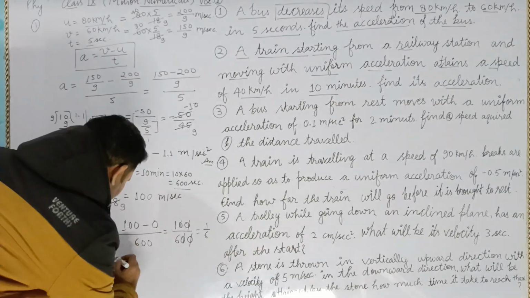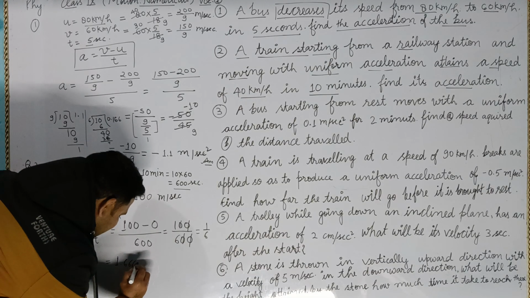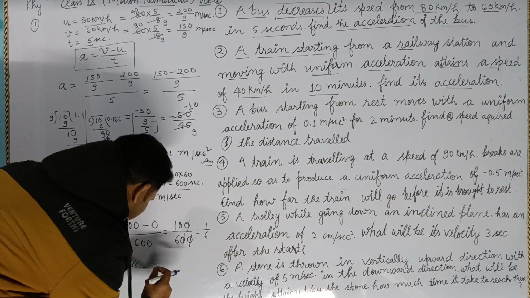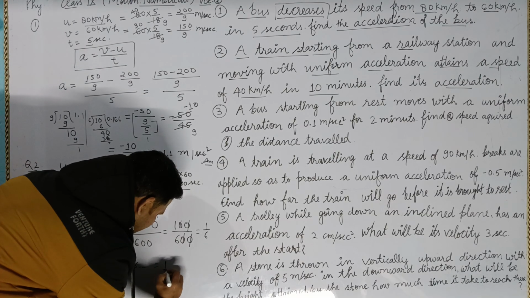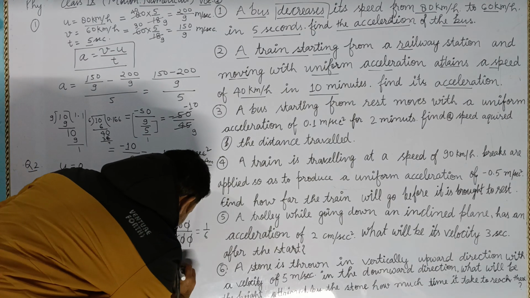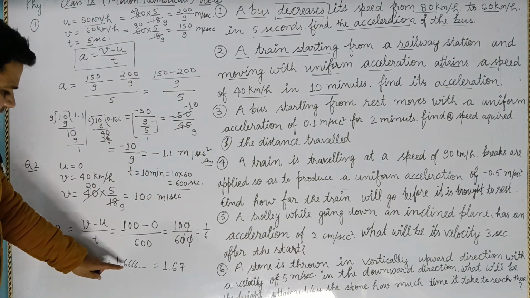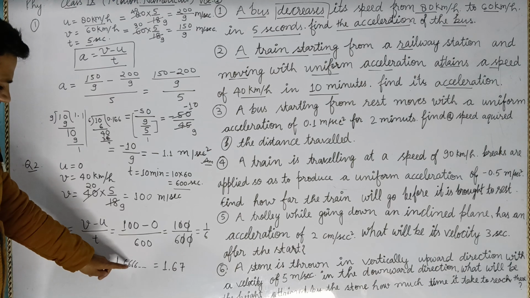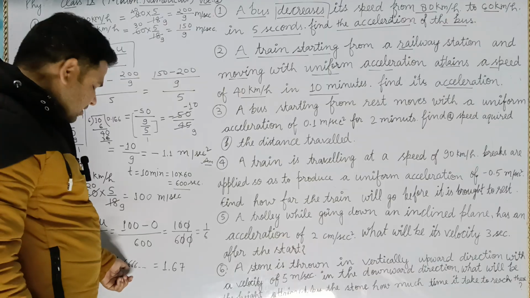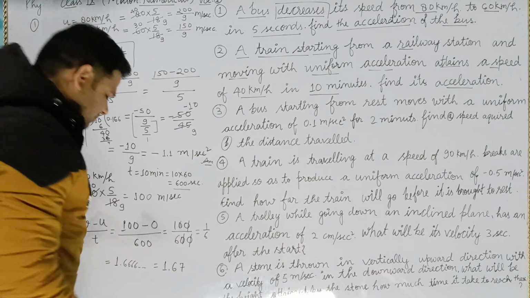The result is 1.6666 and so on. It can be written with two places of the decimal, 1.67, because it is repeated and it is more than 5. We take 7 in the place of 6.